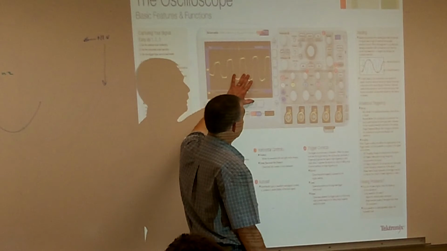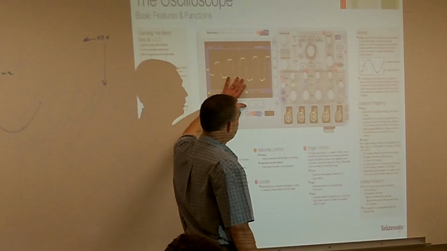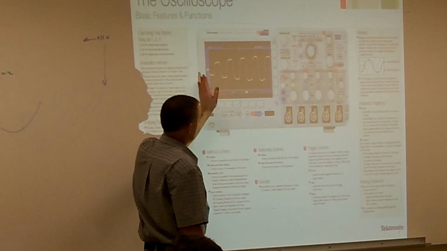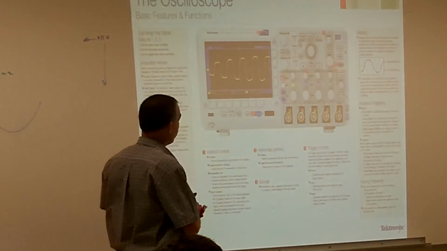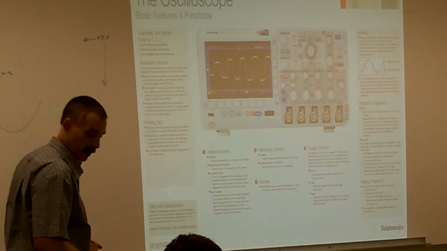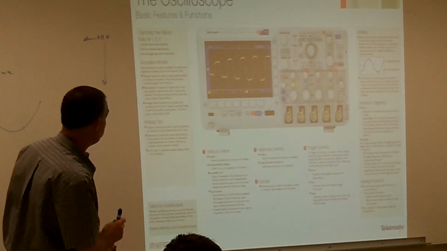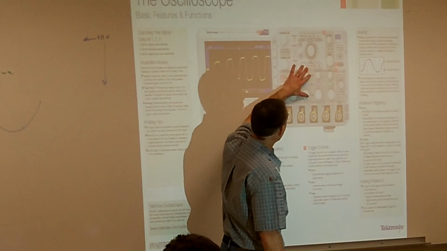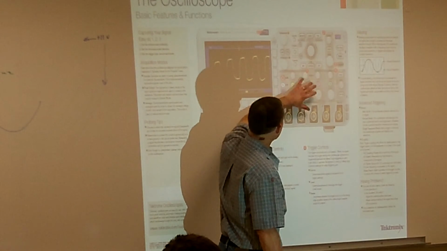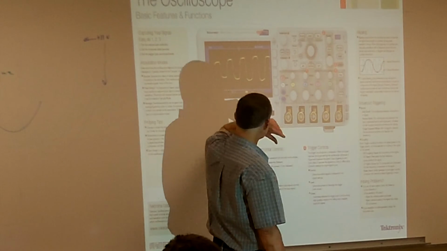One thing that we can do is, because it's all digital, it can store the image. So if we just want to quickly do a snapshot of it, we can save the image. We can even save it onto our flash drive and print it out on a printer. With the math functions we have a lot more capabilities.